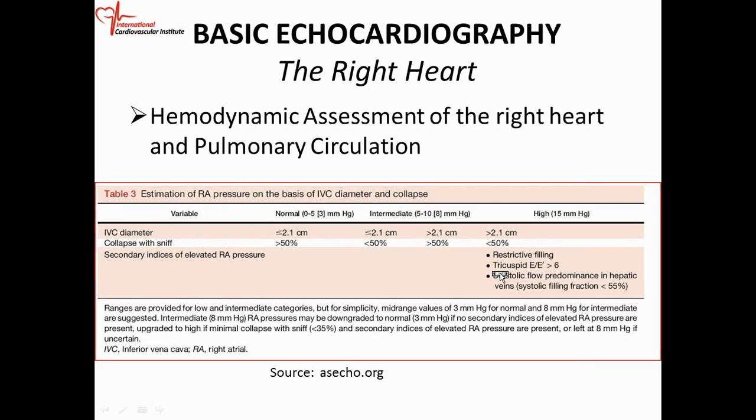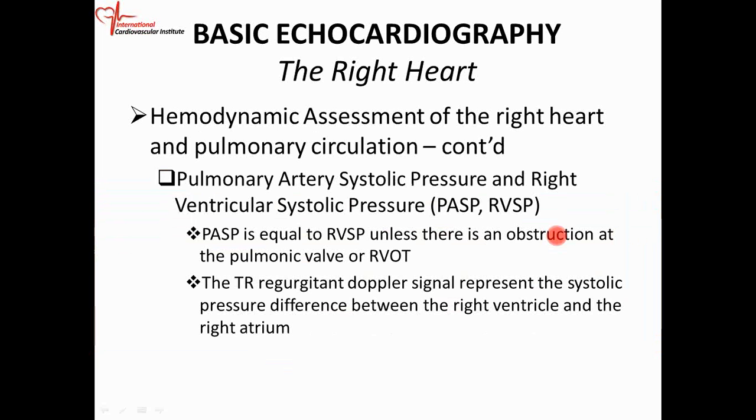And if you look at the tricuspid E/E prime greater than 6, diastolic flow predominance in the hepatic vein, all these things are 15. You have to know these because they're going to test you on it, and when you're doing your report, you have to put it in.